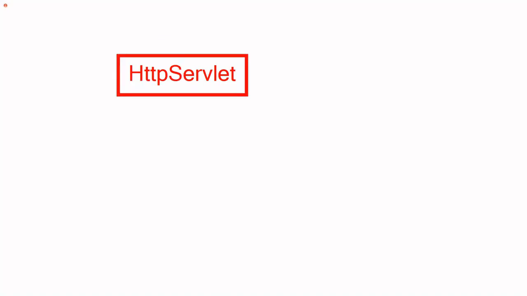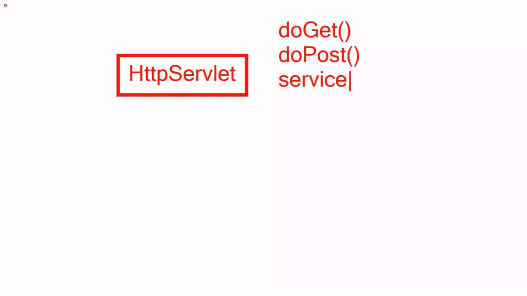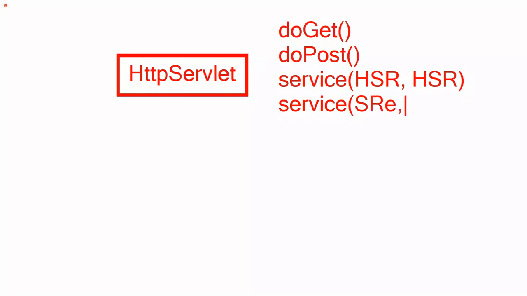It is one class. In this class, we have doGet, doPost, service(HttpServletRequest, HttpServletResponse), which is non-life cycle, and service(ServletRequest, ServletResponse), which is life cycle.